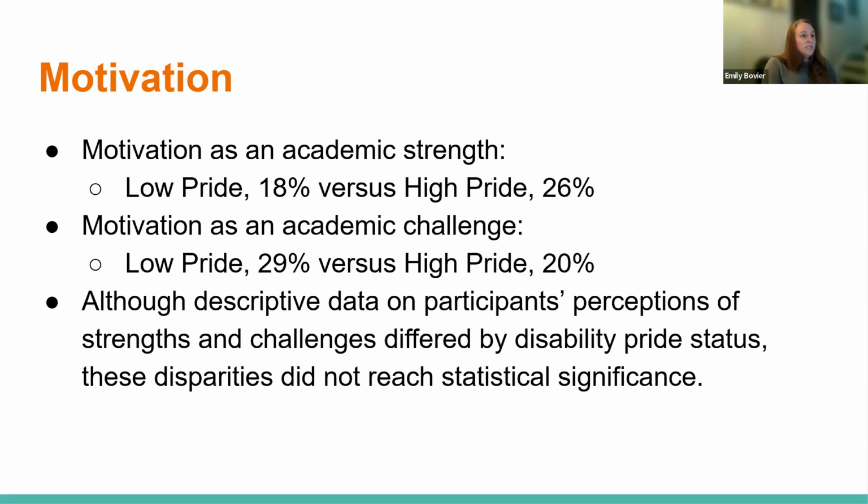So what we're seeing here is that disability pride status is driving these differences in what students endorse as strengths or challenges. Even though the descriptive information on the slides here is numerically different, these disparities did not reach statistical significance, but it still helps give us a starting point to understand the experiences of our neurodivergent students.